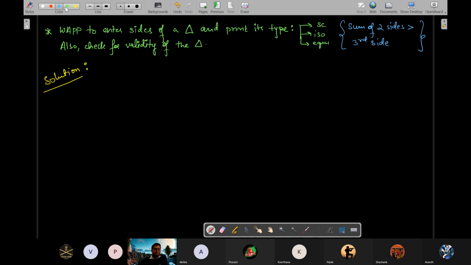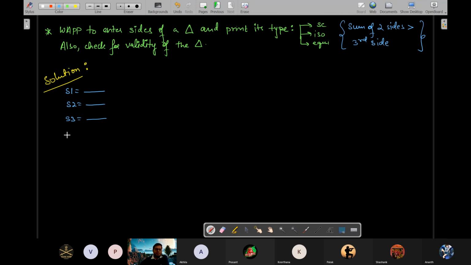Now let us solve. So we'll write side 1 is equal to, side 2. You can take float values. Side 3 is equal to. Right. So first of all we'll check whether it is a valid triangle or not. Okay, अगर valid होगा then only we will tell its type. ठीक है. So first we have to make sure whether a triangle is valid or not. If it is valid then we will print its types.